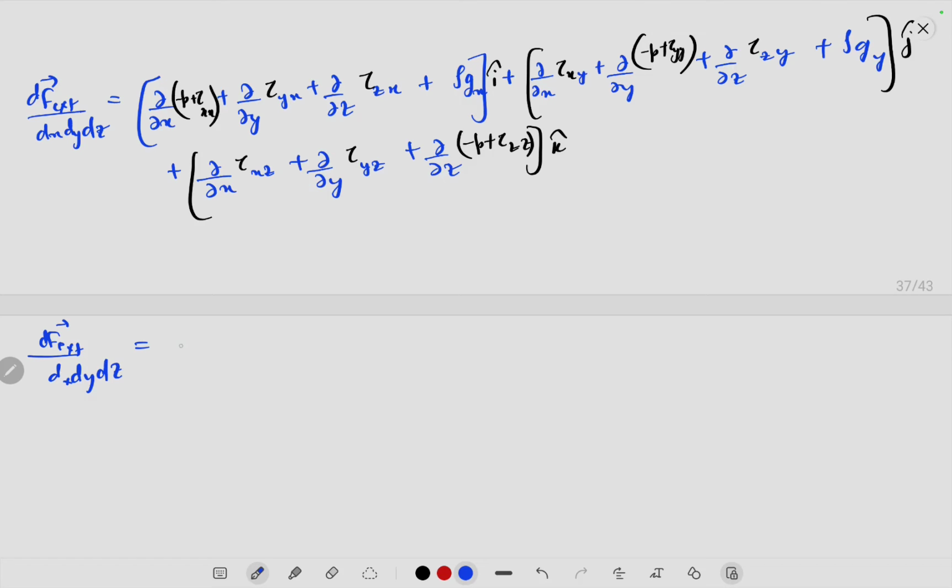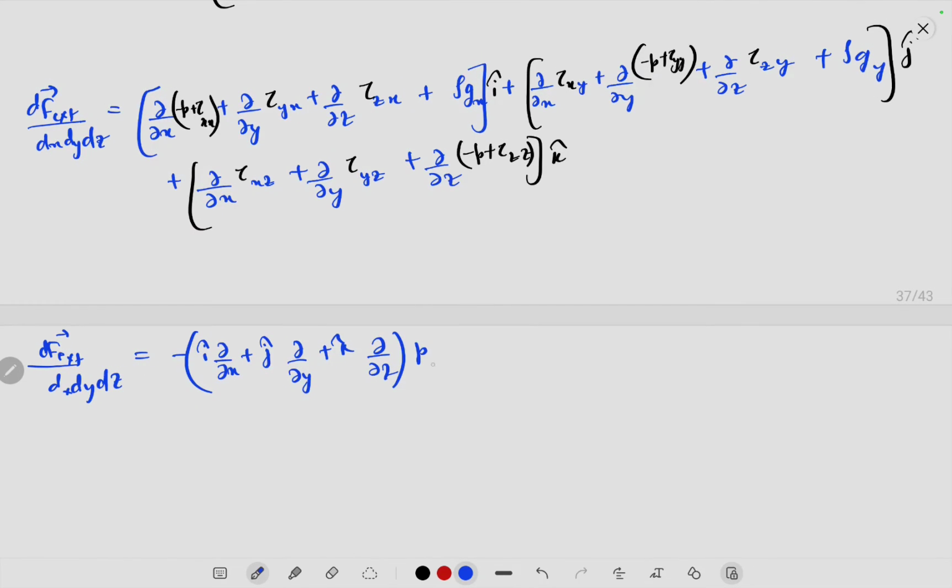So what I'll get is minus i hat del by del x plus j hat del by del y plus k hat del by del z, times p, plus rho times gx i hat plus gy j hat plus gz k hat.